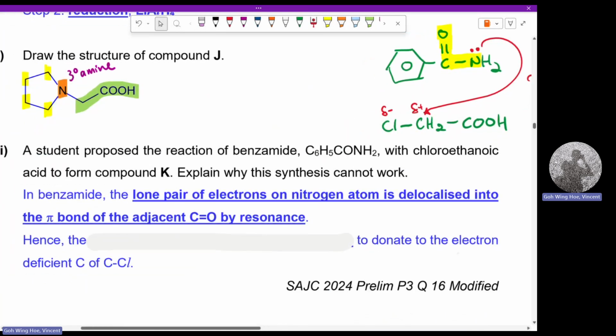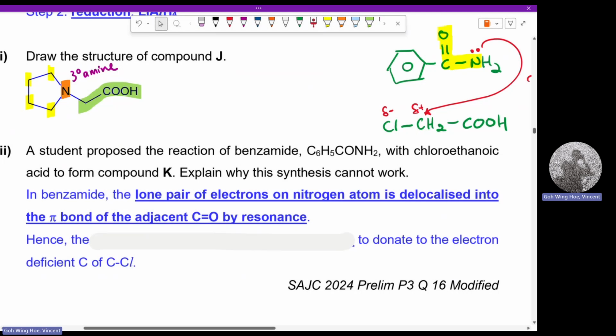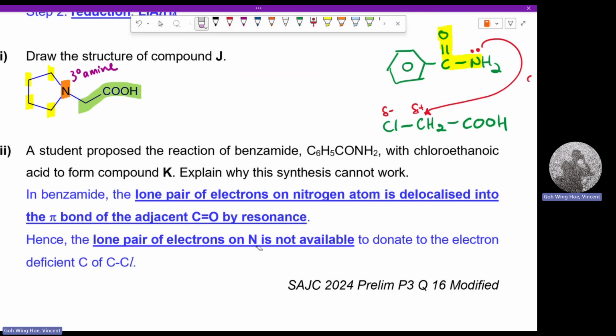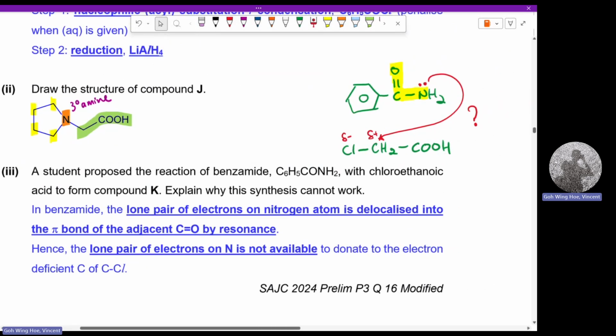Okay, so over here, our conclusion is that the lone pair on the N atom is delocalized into the pi bond of the adjacent C double bond O by resonance. So it's not available to donate to the electron deficient carbon of the CCl bond. Okay, so just take note of the characteristic of the amide group in this topic. So that'll be the end of this video.